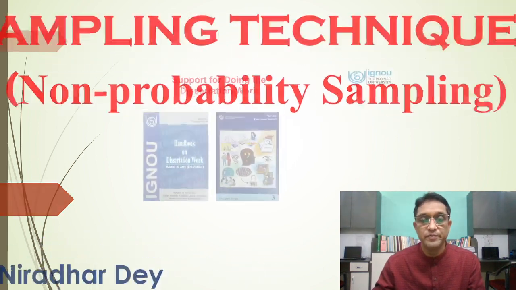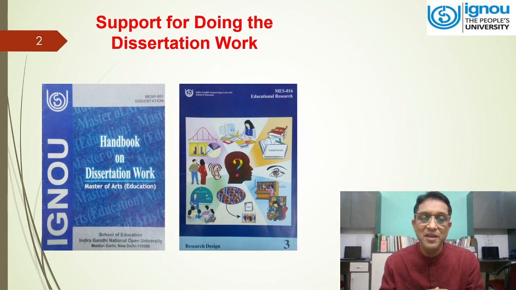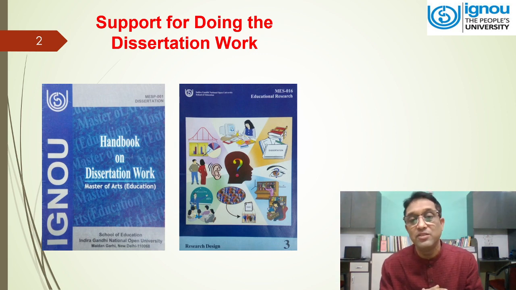Let us go forward. Again let me say that we have developed very good self-learning material, the theory course MES 016 Educational Research. You have studied it in the first year of your MA Education program. Six courses are included in the first year, and among these, the sixth course is MES 016 Educational Research.